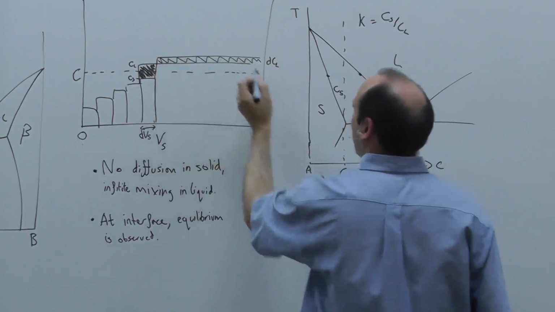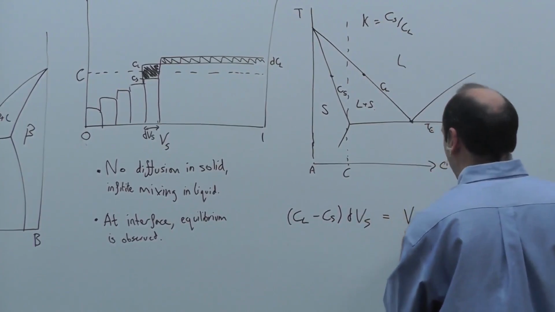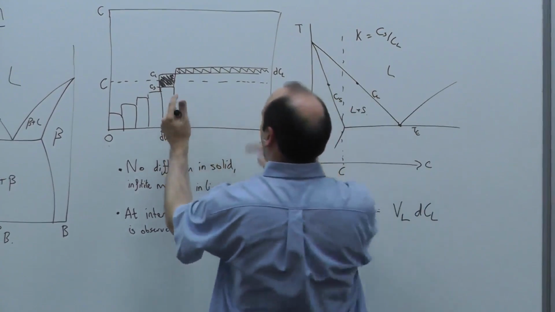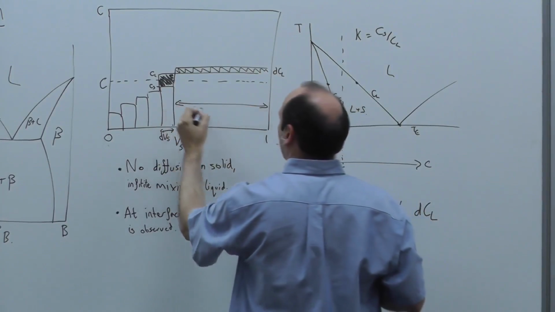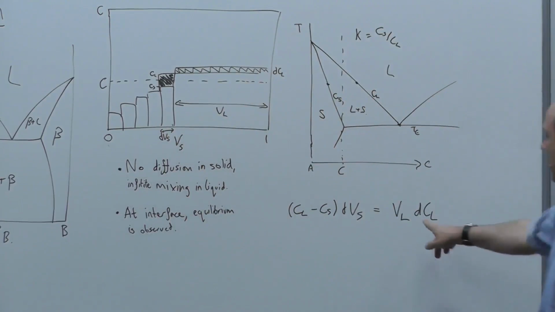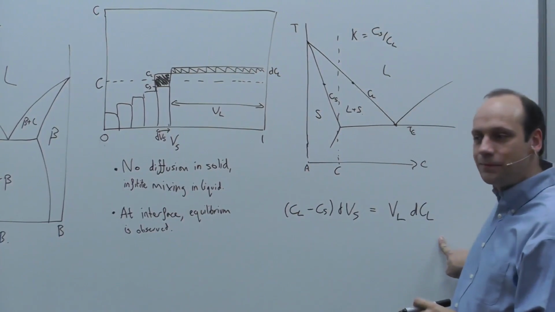And that's caused an increase in the composition of the liquid of VL times dCl. So we've got to spread that over all of this VL here and spread that over our increase in composition of the liquid. So that's just a conservation rule there.